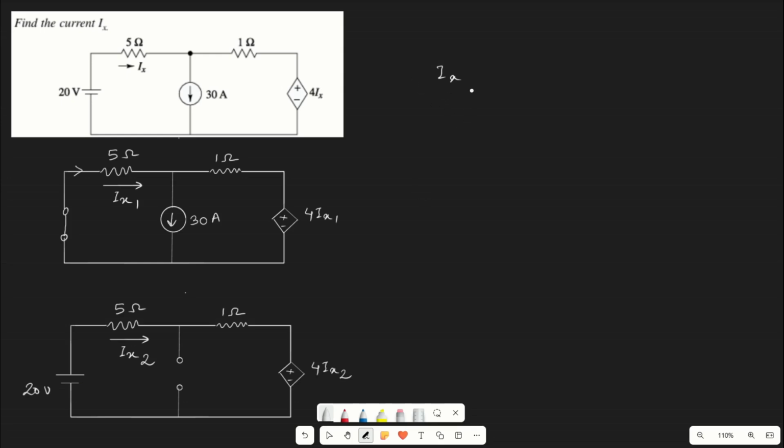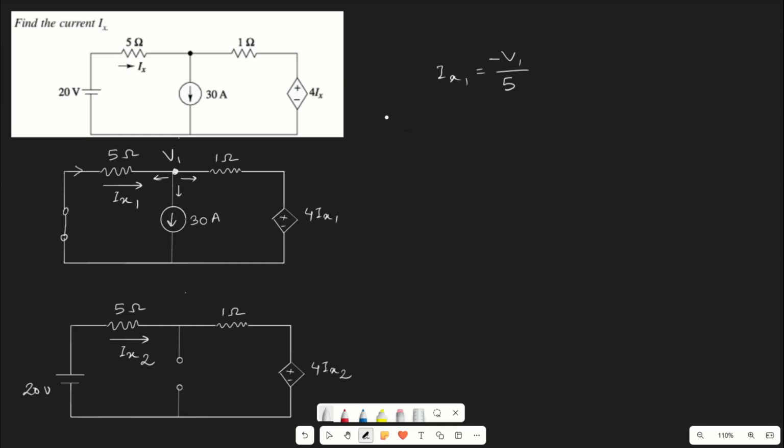Okay, so this Ix1 will be equal to, if we consider this voltage drop to be V1, then it will be V1 divided by 5, and as we know we consider the directions moving out, so the direction of current Ix1 is in the opposite direction, so it will be negative.